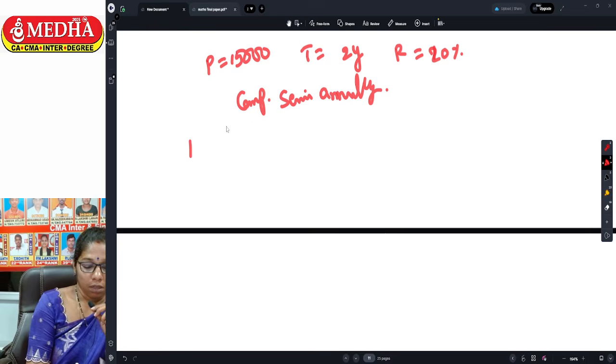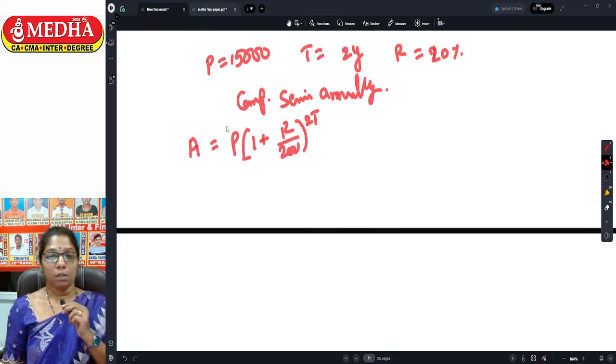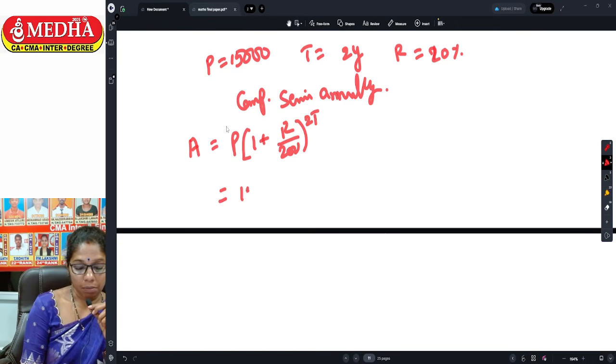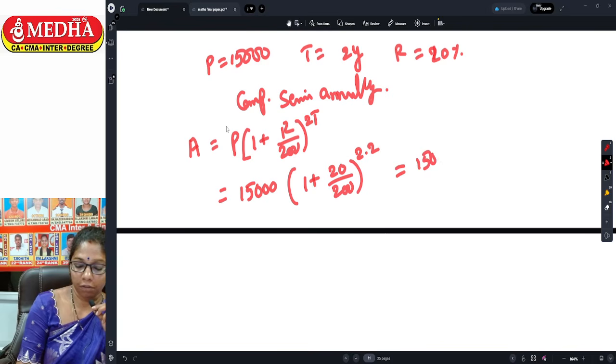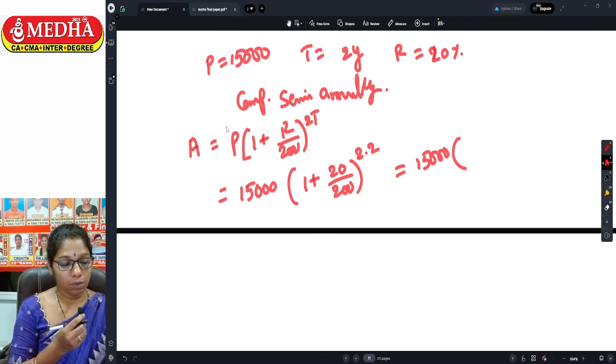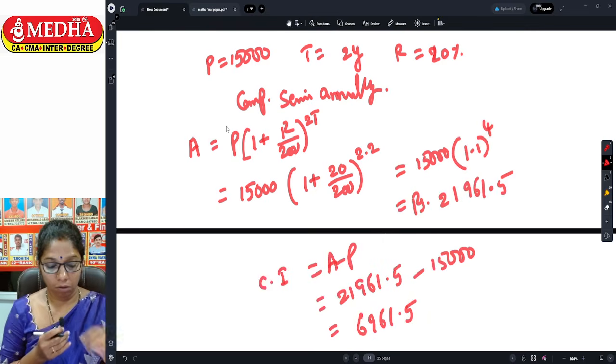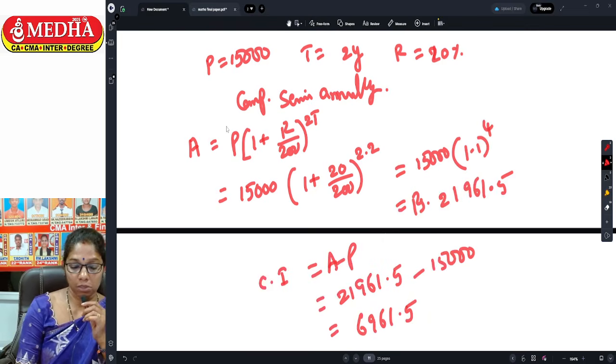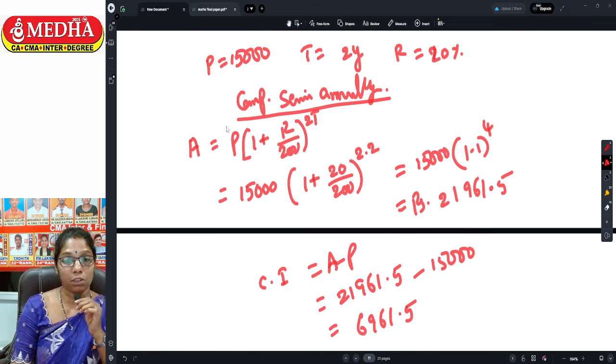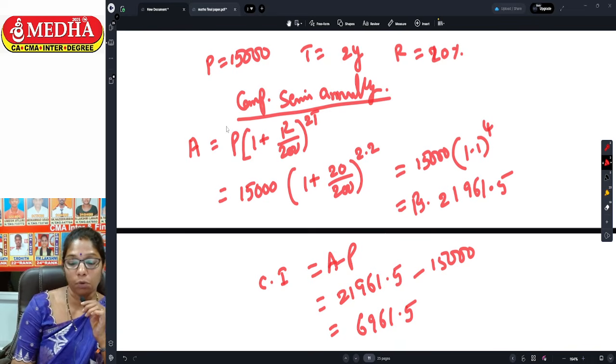amount is equal to P of (1 plus R by 200) whole power 2t. So finally principal is 15,000 rupees, 1 plus rate 20 by 200 whole power 2 into 2. So amount we found: 15,000 of (1 plus 20 by 200) whole power 2 into 2.